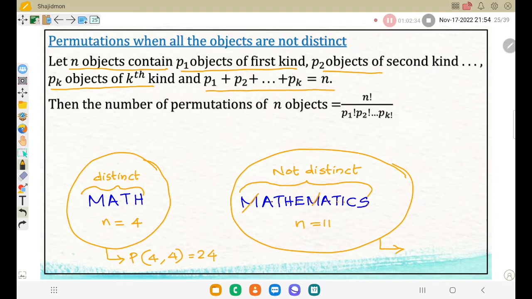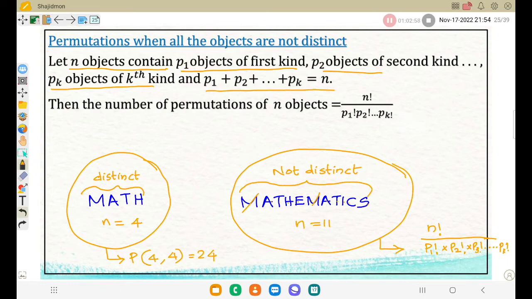Then the number of permutations of n objects, we need to use this rule: n factorial divided by p1 factorial multiplied by p2 factorial multiplied by p3 factorial, and so on, up to pk factorial. This is the rule for finding the permutation if the objects are not distinct.